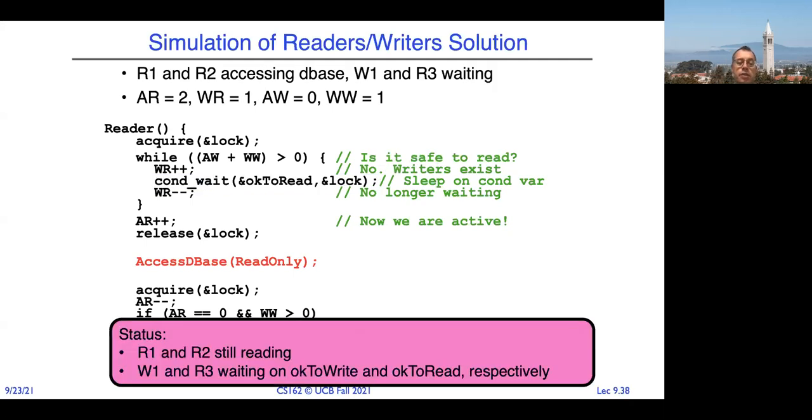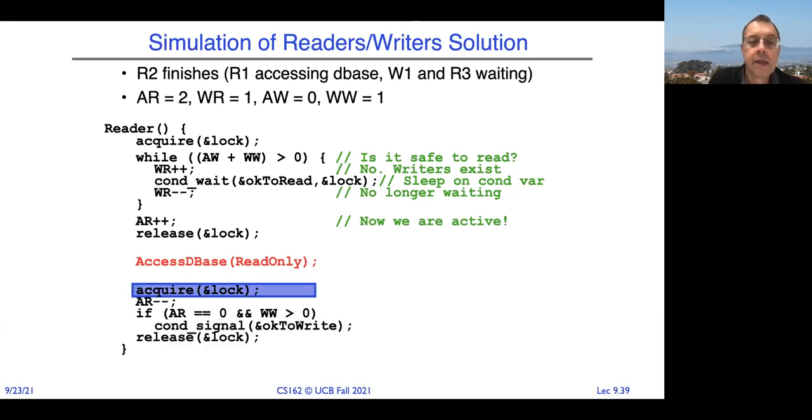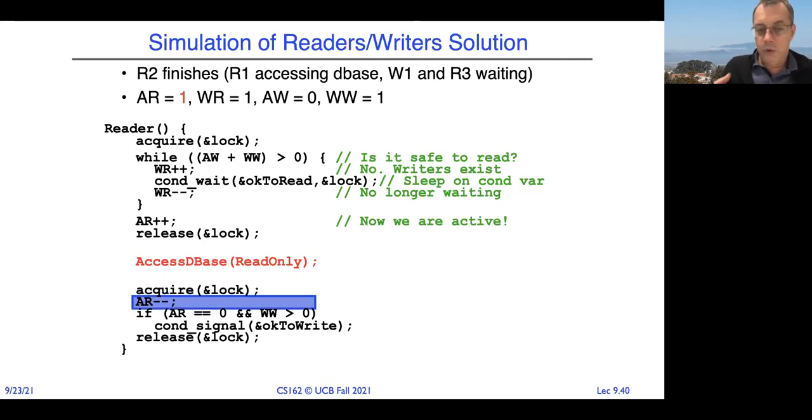Okay, so let's continue with our simulation. At this point, R1 and R2 are still reading, and W1 and R3 are waiting. So let's say R2 finishes. R1 is still accessing the database, and W1 and R3 are still waiting. R2 is going to acquire the lock to update the state variables, in particular to decrement the number of active readers because R2 finishes.